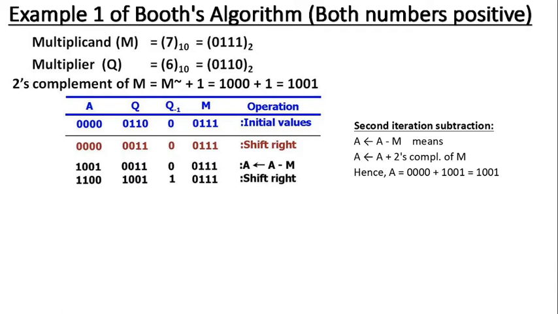Second iteration, second line, the latest line: Q0, Q minus 1 bits are 1, 1. And whenever equal bits are there, simply an arithmetic shift right operation is to be performed here. It means no arithmetic operations, only shift right. And that too is performed on the concatenation of register A, register Q and Q minus 1 bit.